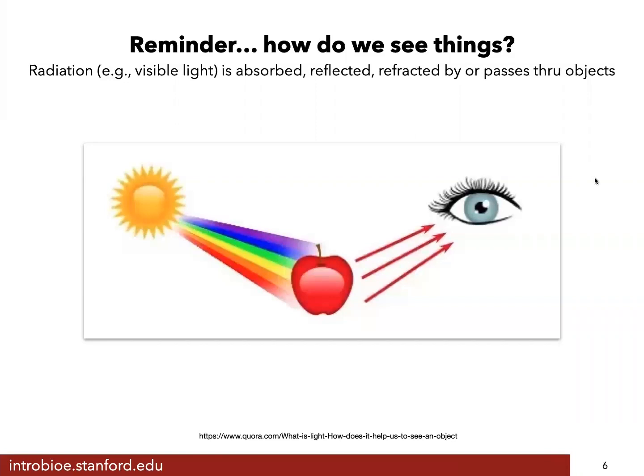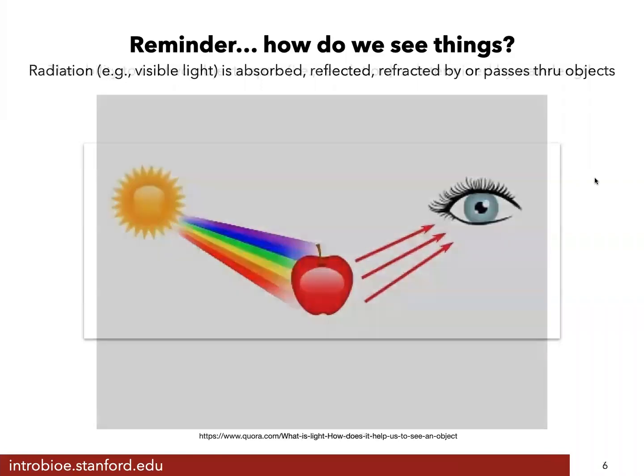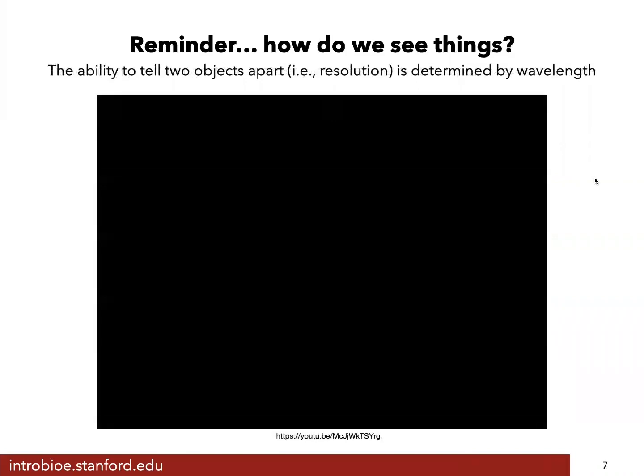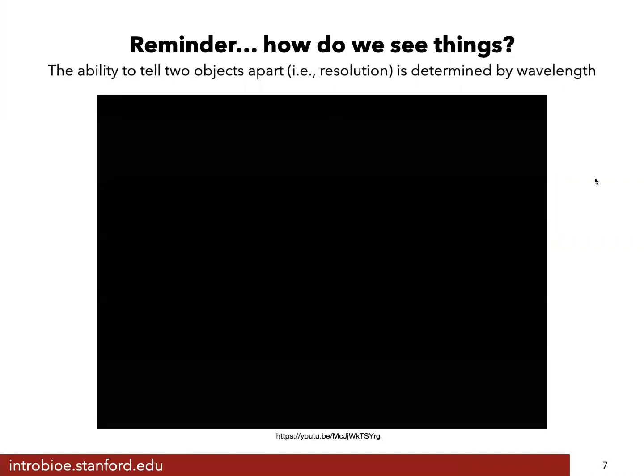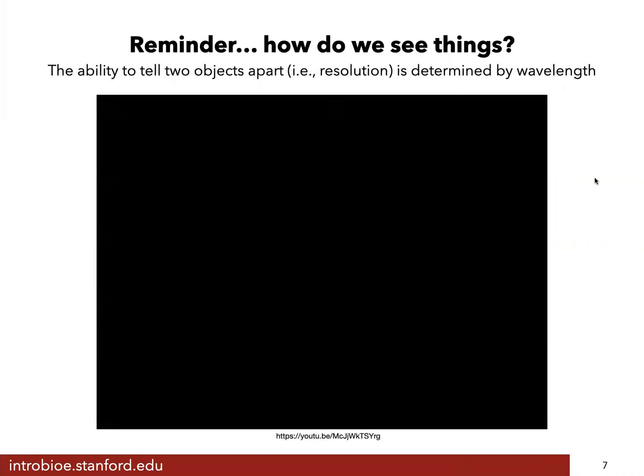So radiation hits an object and can pass through or reflect, and so on. That's how we're seeing things. This radiation comes in different wavelengths. So let's think about how wavelengths determine what we observe, and why we, as bioengineers, might be interested in an electron microscope in addition to a visible light microscope.